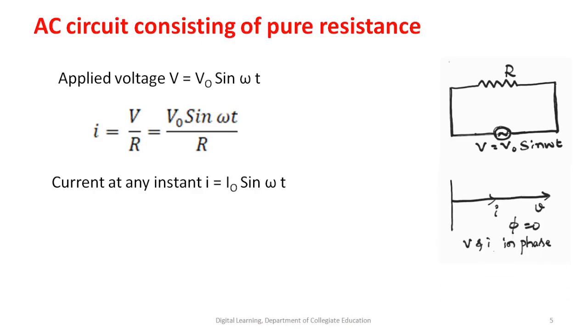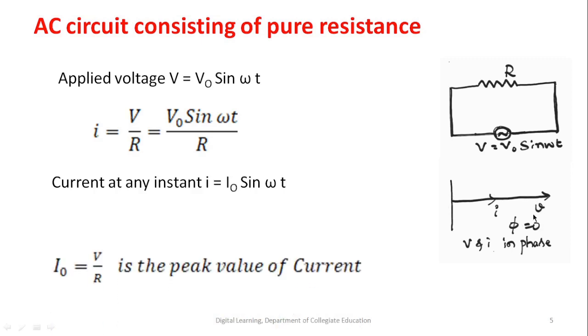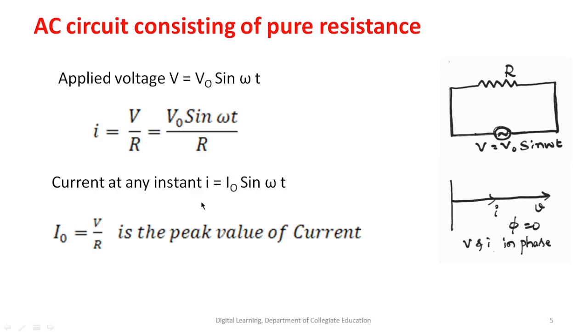If we plot a graph of I and V, we can observe that I and V are moving in the same phase. If we substitute I is equal to I naught sine omega t, sine omega t will be cancelled. Then I naught is equal to V naught by R. That is the peak value of current.